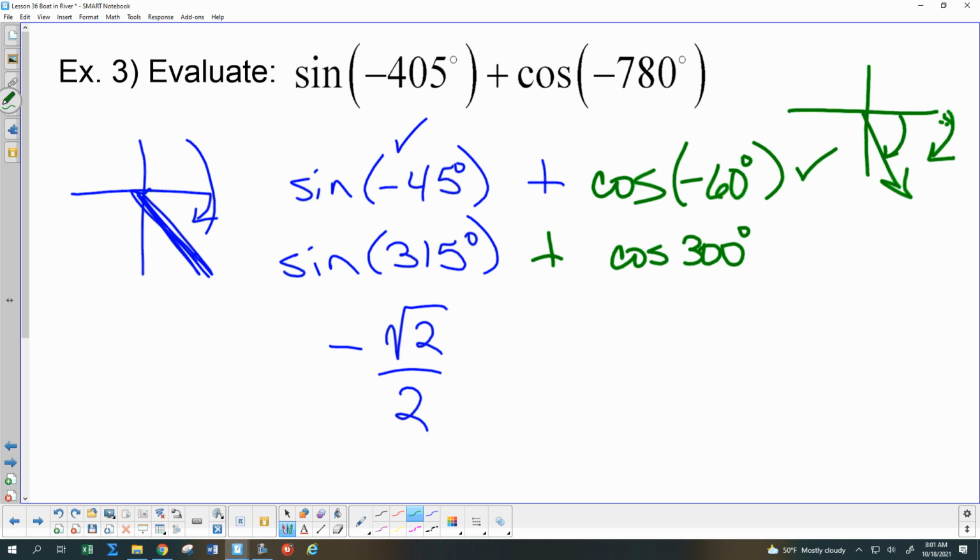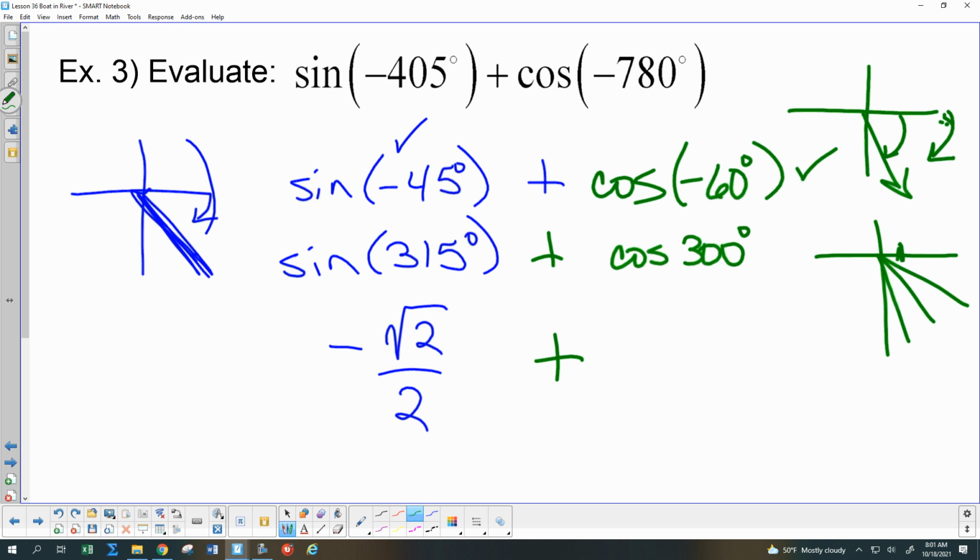Okay, will cosine be positive or negative in that quadrant? It's the x, and we're on the right of the axis, so it is a positive something. Who can tell me what the cosine is of the 60 on the unit circle? This is the smallest of those 3 x's.